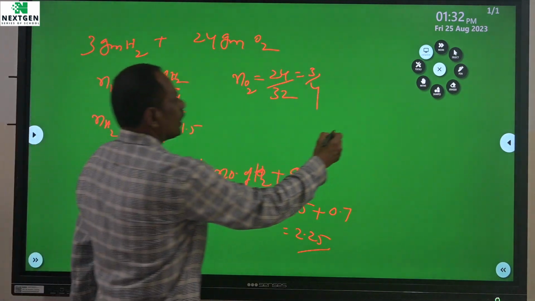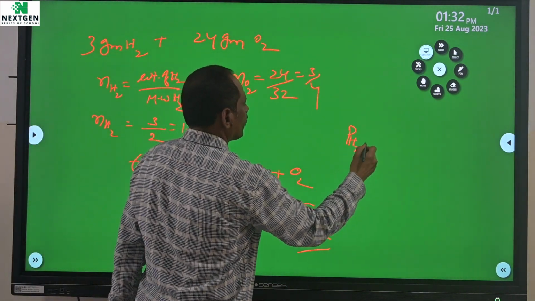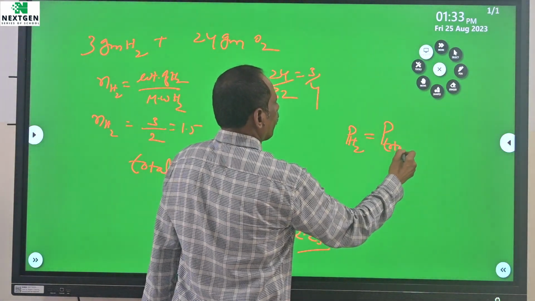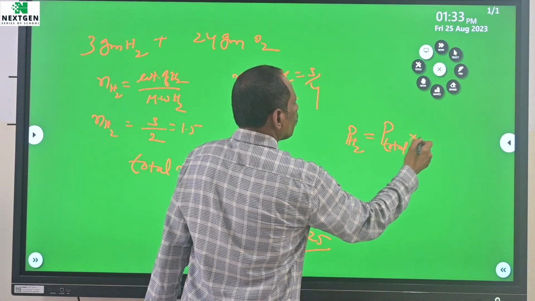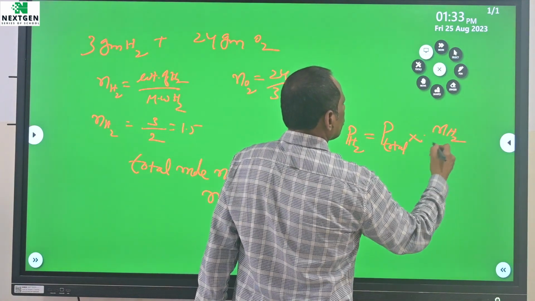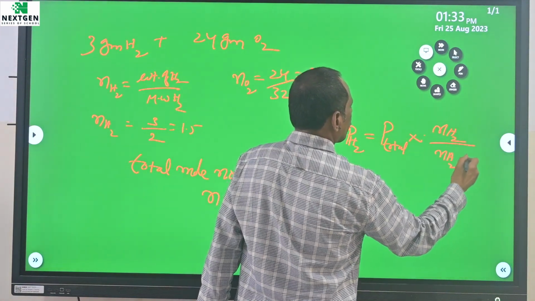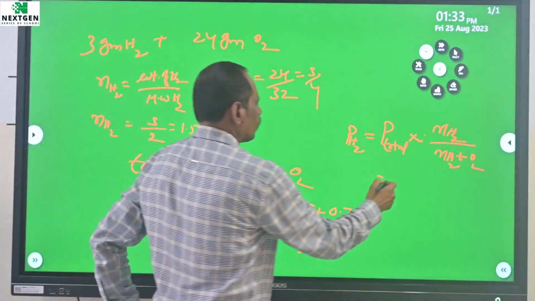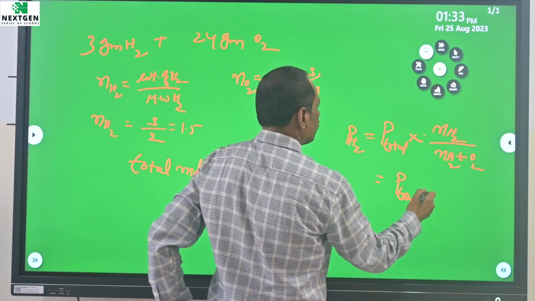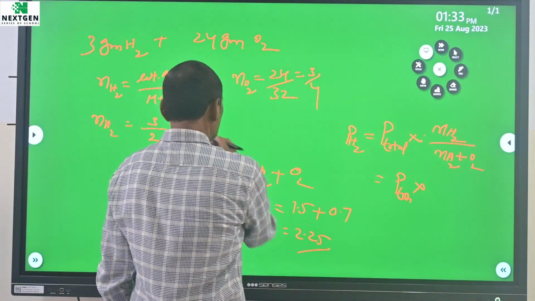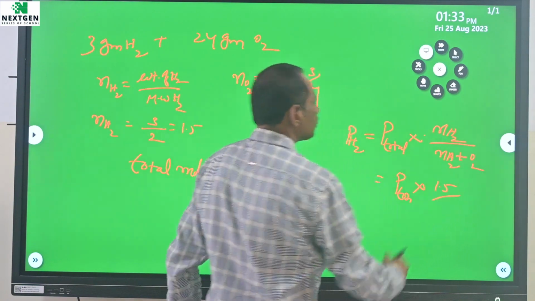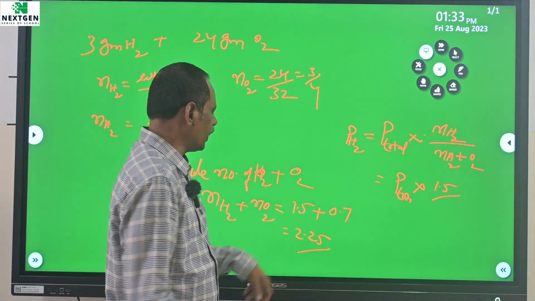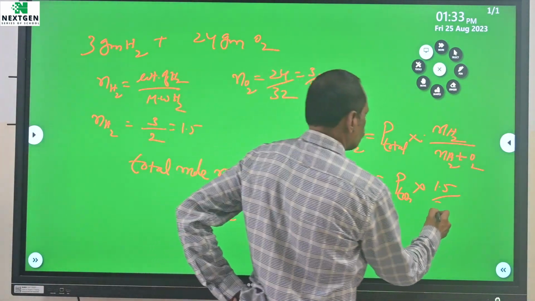Now the question is, the partial pressure of hydrogen is the total pressure into the mole number of hydrogen divided by the total mole number of hydrogen plus oxygen. Here the total pressure is not given. So let us take the total pressure into the mole number of hydrogen, 1.5, divided by the total mole number of hydrogen plus oxygen, 1.5 plus 0.75, that is 2.25.